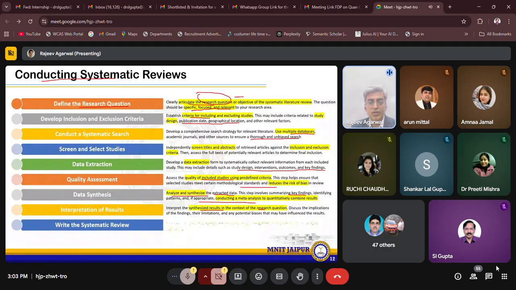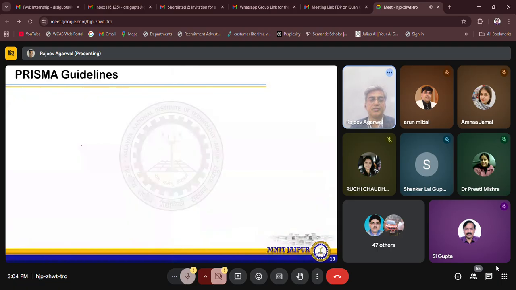Then you need to write the systematic literature review following established guidelines. You can see PRISMA is one such established guideline. If you have not done a systematic literature review earlier, this is the standard operating protocol, the SOP, for you. This way you can conduct a systematic literature review.